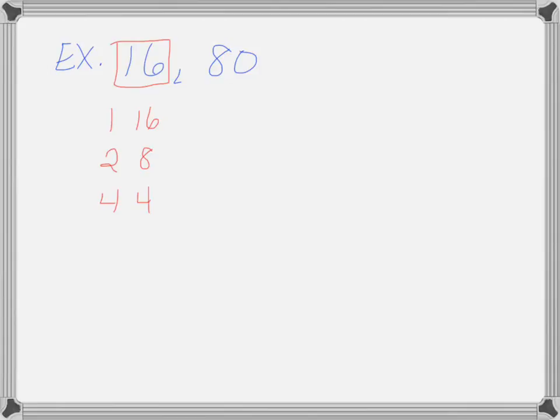And you want to pick the largest one that divides into 80. So of those 6 numbers, the largest one that divides into 80 is 8. So 8 is the greatest common factor.